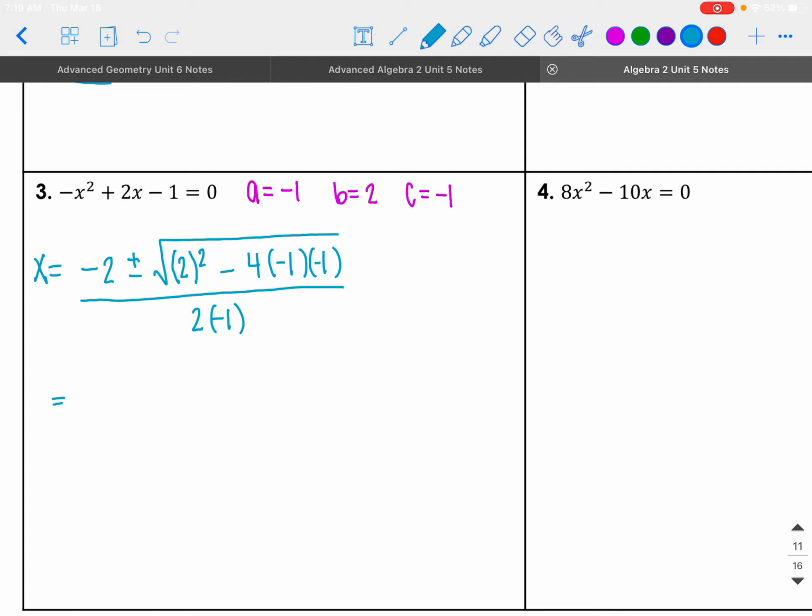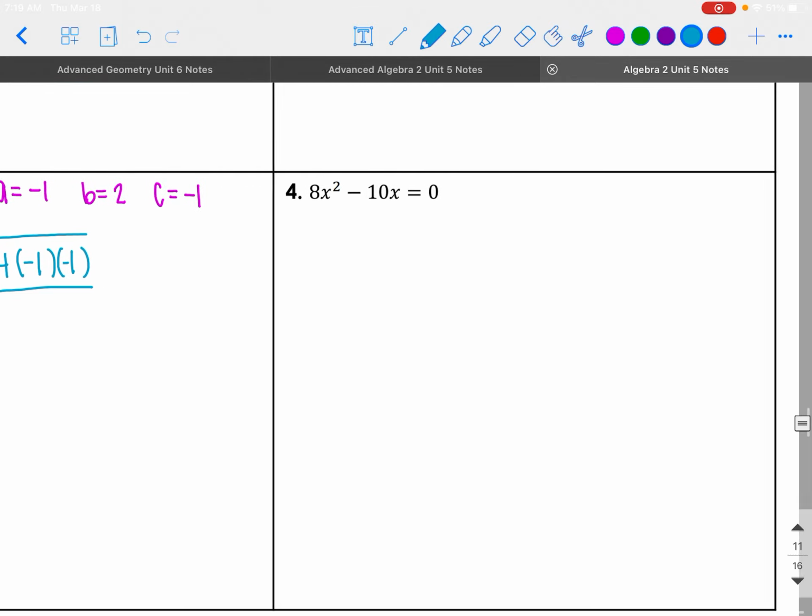So I'm typing this in right now. You can pause the video and type it in to check to make sure that you've got it. And we get 1 with the plus. Then we change it to minus. And I also get 1. So this means this was one of the examples where the vertex just sits on the x-axis.